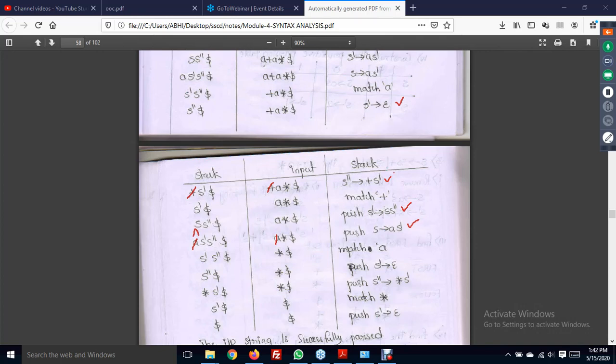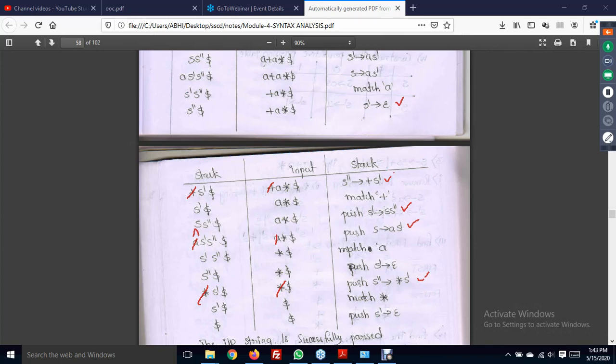So what happens with S dash and star? I have a production S dash tending to epsilon, so S dash is made epsilon, remaining with S double dash and dollar. S double dash with star, make use of S double dash tends to star, S dash and star will get matched, so I'm left out with S dash dollar and dollar.